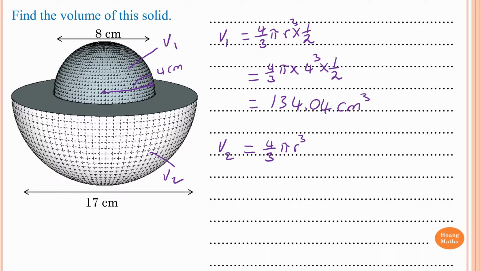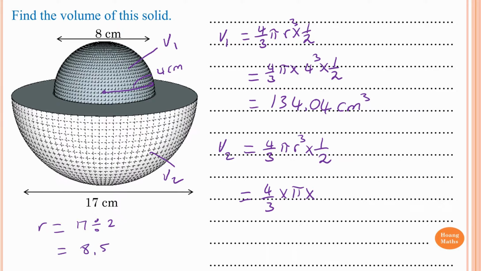Now volume 2, V2, again is a volume of a sphere, 4 over 3 pi r cubed, and it's only half of the sphere, so which is times by a half. So which equals 4 over 3 times pi times the radius. Now 17 is the diameter of the sphere. So the radius of this is 17 divided by 2. So that is 8.5. So therefore times by r cubed.